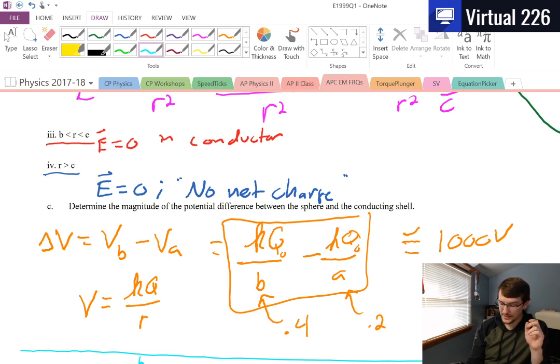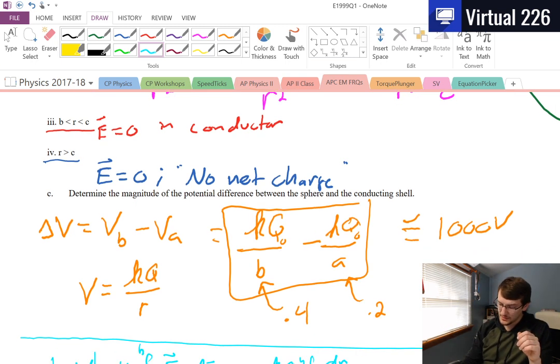But we've got KQ by the integral from A to B of dr over r squared. Whenever we integrate this, there'd be a negative that kicks out. Once again, we don't care about it because it's a magnitude problem.